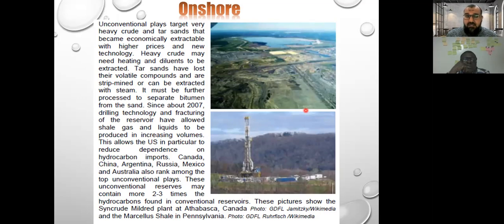It requires a lot of heating so that they can extract it. The same for tar sands, which have lost their volatile components and are strip-mined or can be extracted with steam. They can use steam as well to extract the tar sands. So a lot of methods are used, and this depends on the hydrocarbon components of the crude oil.